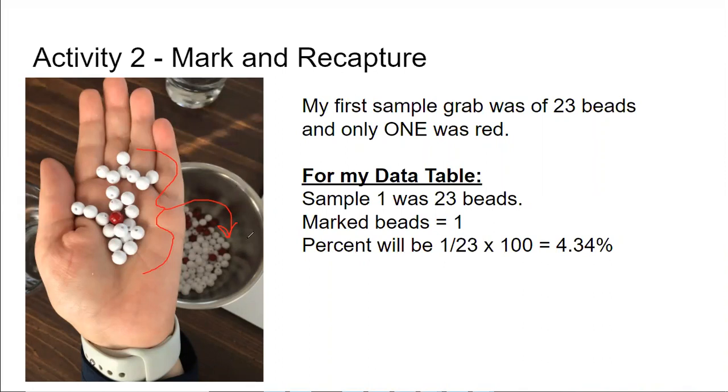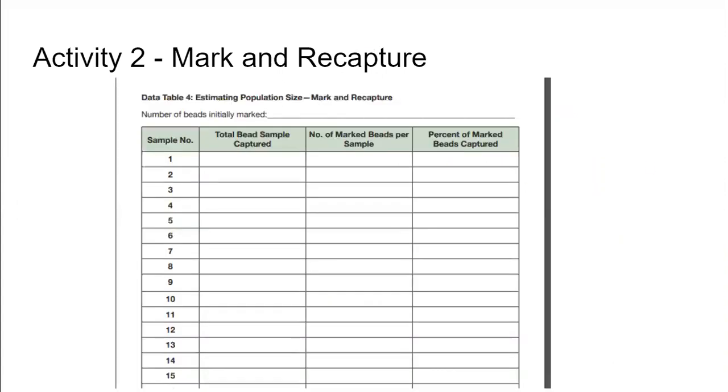Put them back in, mix around, go for sample 4. So how many samples are we doing? In your data table, I want to say you do this close to 20 times. There are 15 that you can see in the table right here, but I want to say the data table goes to 20, but it'll go quick.